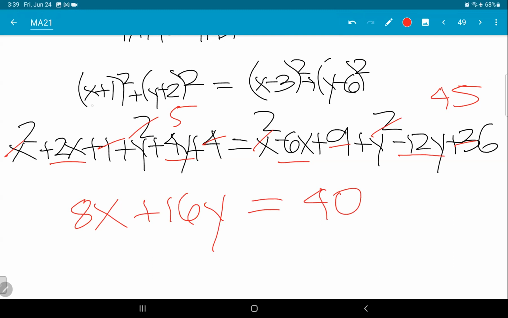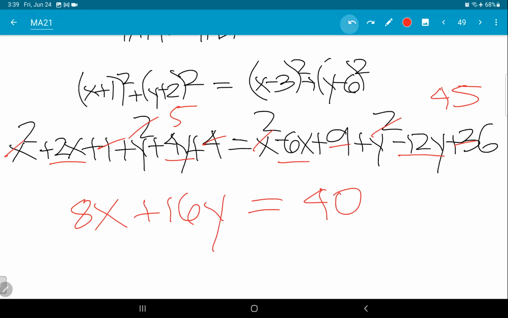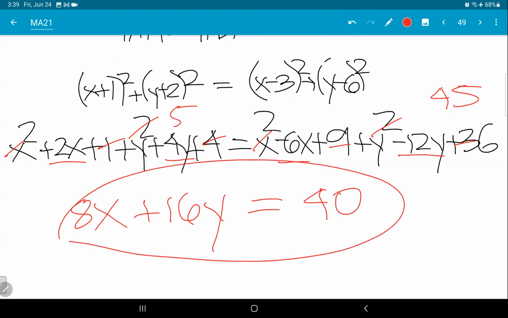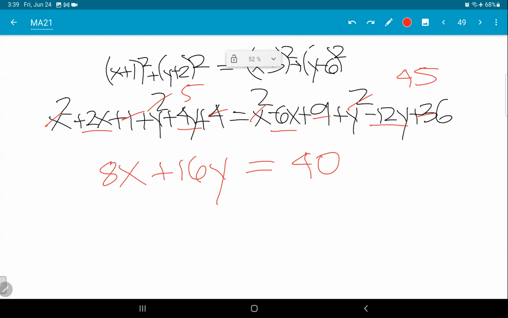In other words, after you have manipulated the equation, you will eventually just get a linear one, which can further be simplified. Just verify the calculation later if you didn't follow right away. So we cancelled, combined, and transposed. So we have this, and then we divide by 8.